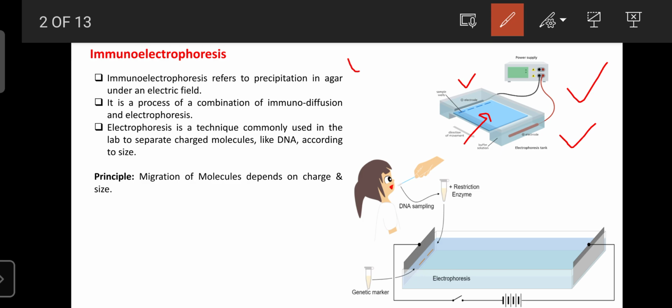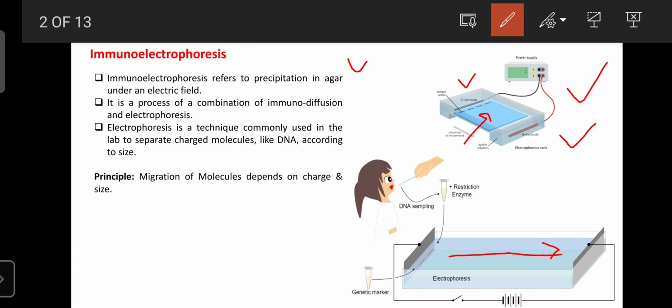Here the molecules are first put in the agar media. That agar media is coated on this glass plate used in immunoelectrophoresis. On the agar, at particular places we can make wells.